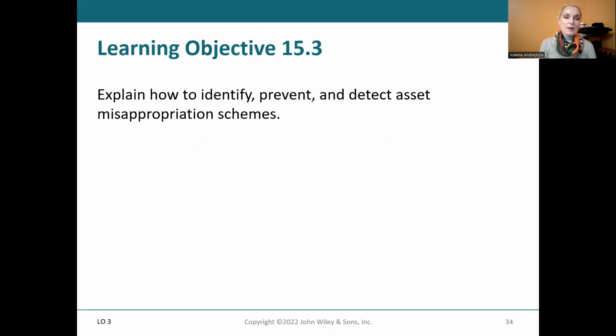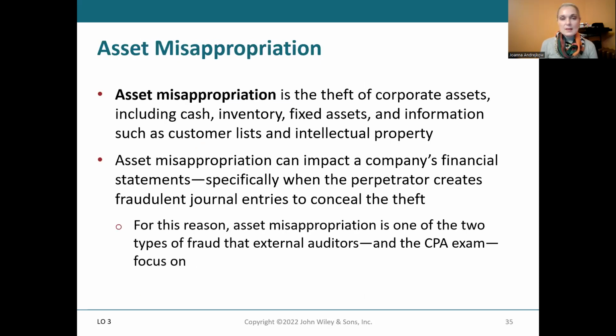Now let's talk about how to identify, prevent, and detect asset misappropriation schemes. So let's first define what an asset misappropriation is. Asset misappropriation is the theft of corporate assets, including cash, inventory, fixed assets, and information such as customer lists and intellectual property.